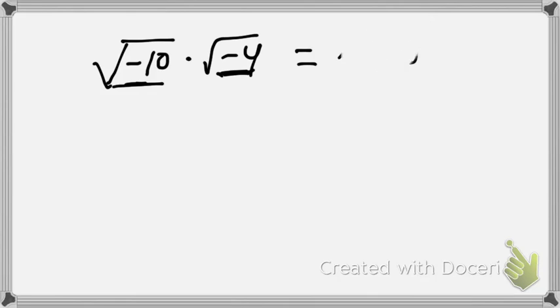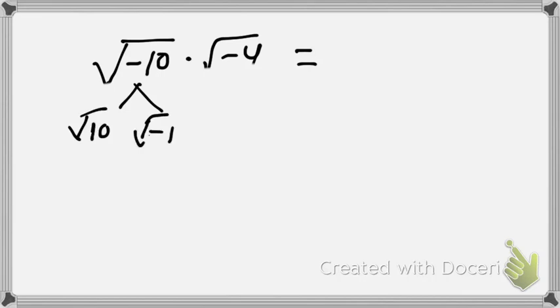So we're going to erase this. Let's deal with these individually. Square root of negative 10 is the square root of 10 times the square root of negative 1. Square root of negative 4 is the square root of 4 times the square root of negative 1. The square root of 10: is there a factor of 10 that's a perfect square?